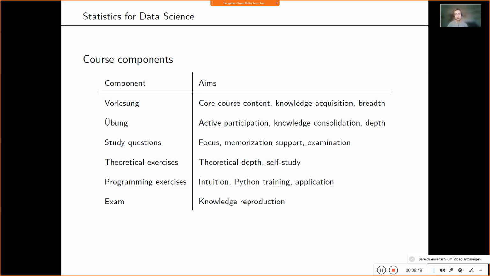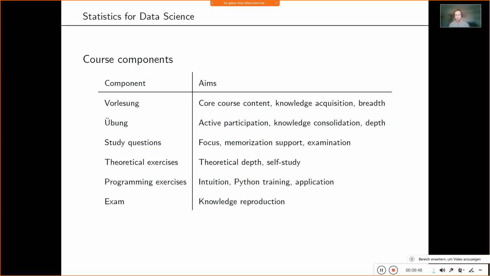And that's the Vorlesung. In the Übung, you will need to do something and actively participate. That's where I will test your active participation in the course, whether you are actually following along. It's of course reviewing things that we did in the Vorlesung. So it's about knowledge consolidation, and here and there we go a little bit more into depth than in the Vorlesung.